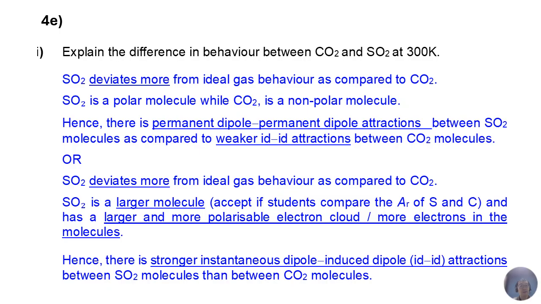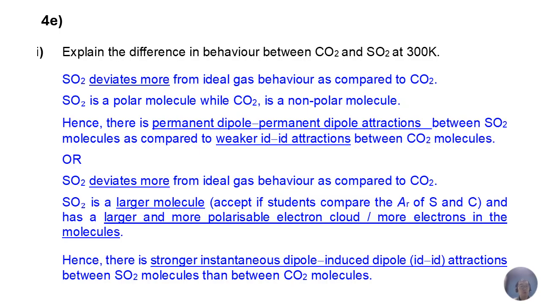we are not very demanding in terms of the answer because we will accept 2 possible versions of the answer that explain why. If you look at the diagram, for SO2, the deviation from the horizontal line of an ideal gas is more. So the first thing I should see is that SO2 will deviate more from ideal gas behavior as compared to CO2.